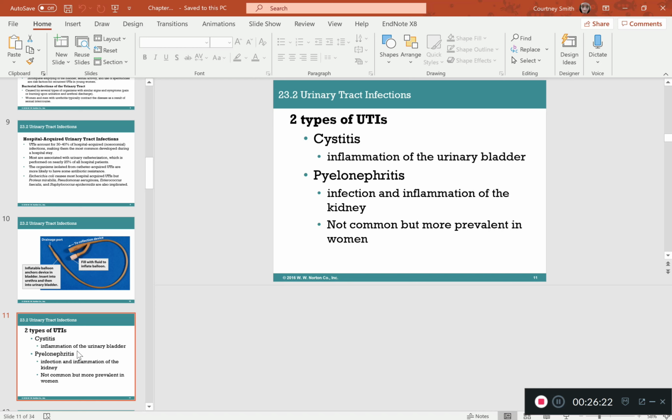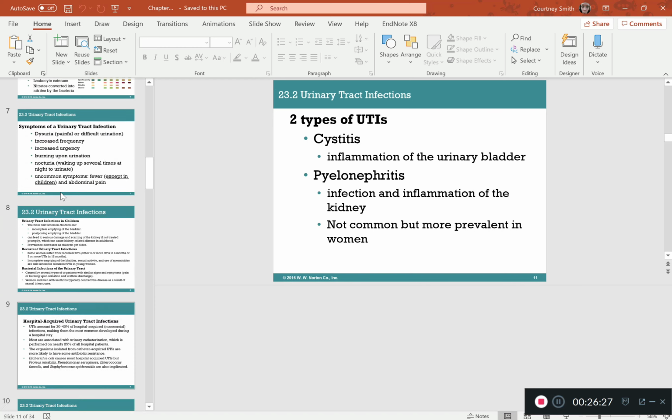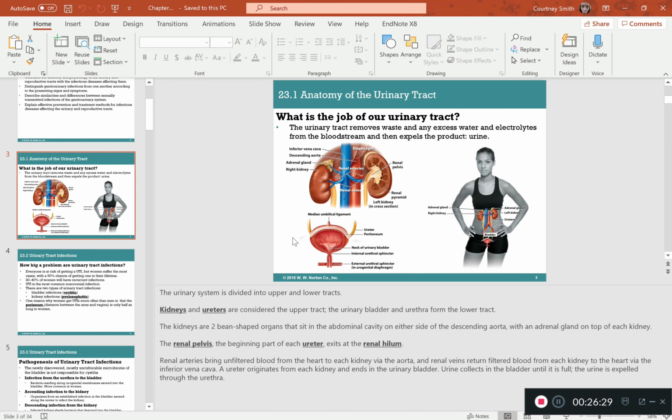So it's pretty much the upper and lower part of the urinary tract. The lower part is going to be the urethra and the bladder, and the upper part is going to be your ureters and your kidneys, essentially. That's a very broad separation, but for us, that's how we're going to divide it.